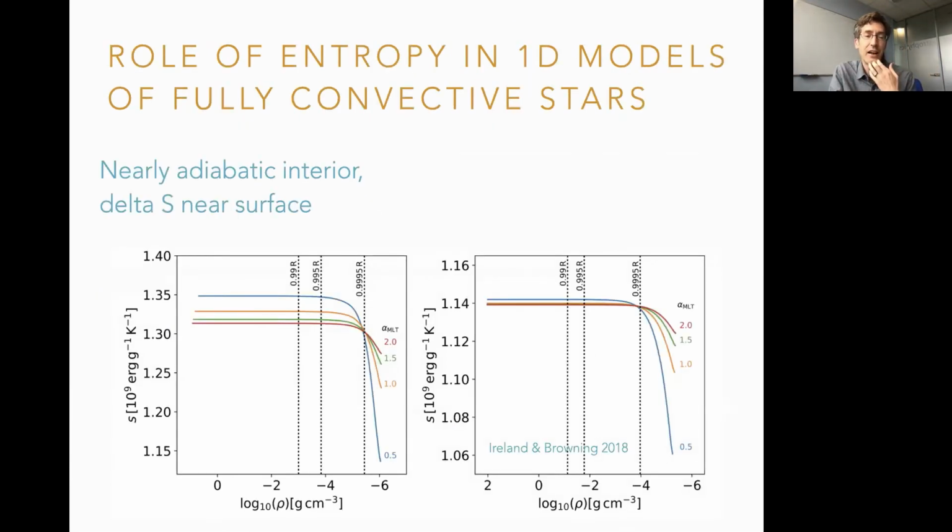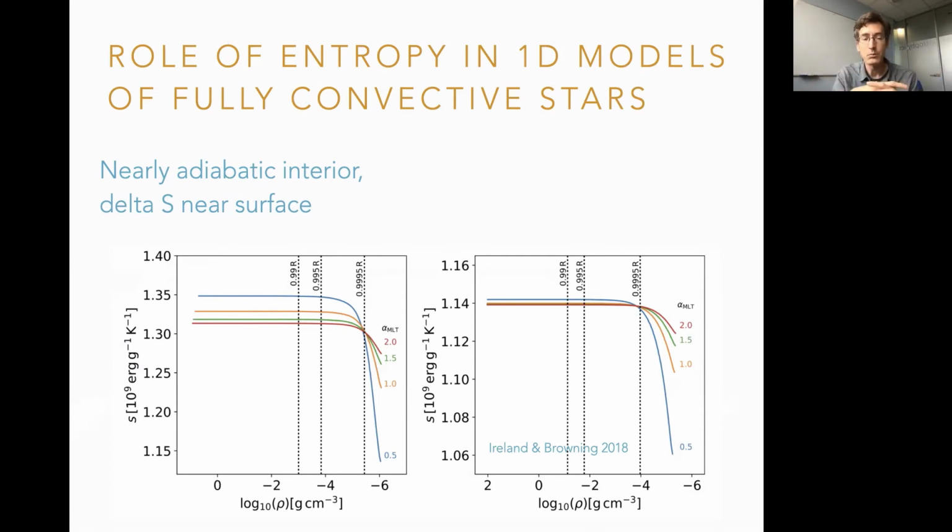And just, again, to go back to what a 1D stellar structure model actually looks like, these are models with MESA of a fully convective M dwarf. The specific entropy in this thing, for any plausible theory of convection, is going to be very, very close to adiabatic. And so part of the details that you might expect a convective theory to be sensitive to are just not observationally easy to probe.